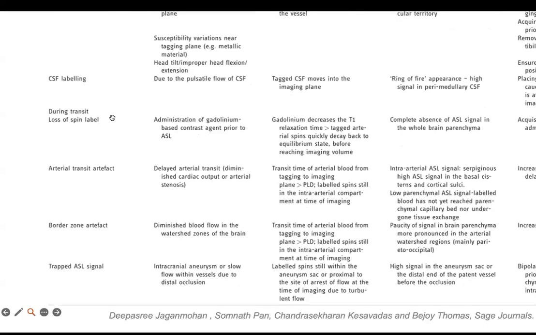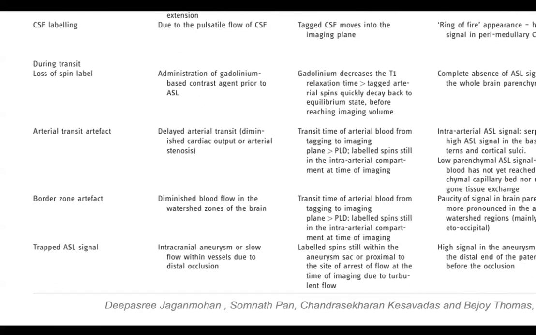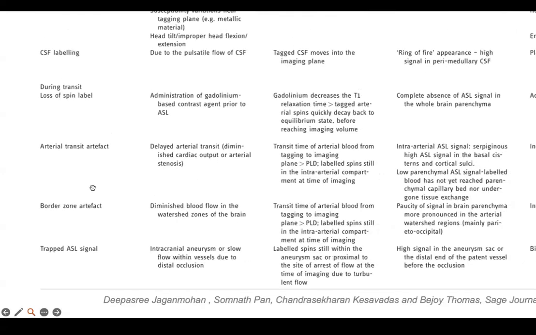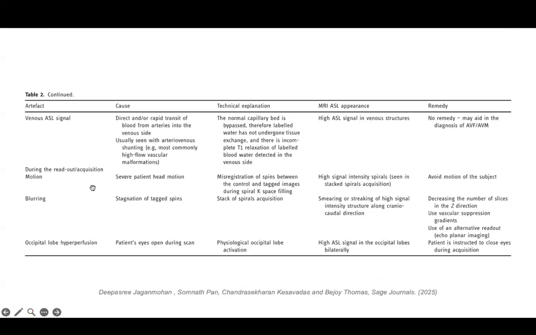And in transit, in patients who have been given contrast with gadolinium, there can be loss of spin labeling. I have images and will show this. And arterial transit time artifacts, border zone artifacts, all this we will see now.